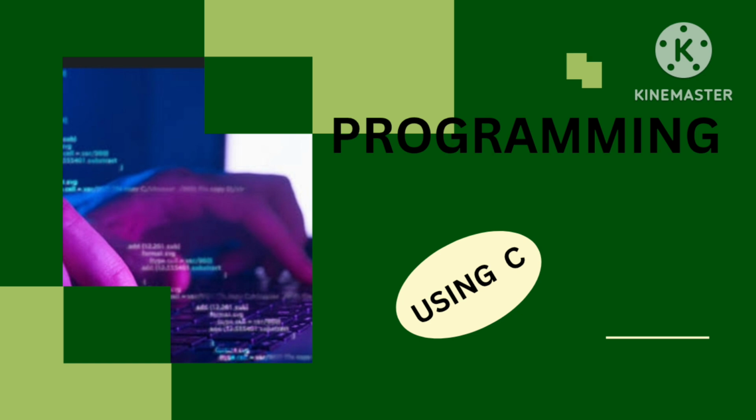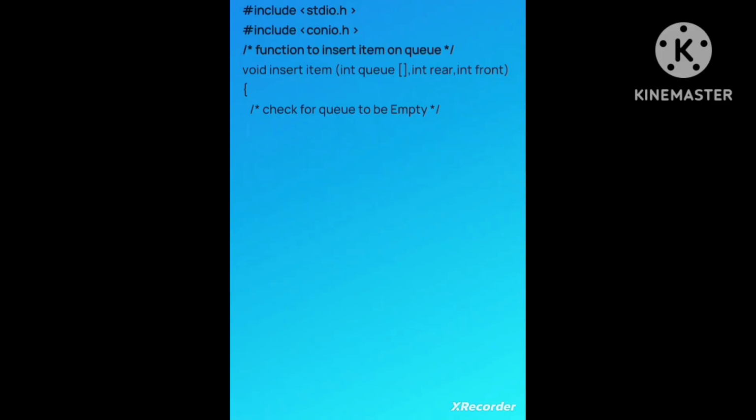Let us understand the programming of queue implementation using an array in C language. Here is the programming code of the insertion operation in a queue. For that, a function called insert item is created, in which three parameters are passed, that is the queue, rear and front. First of all, we will check for the condition of the queue to be empty.